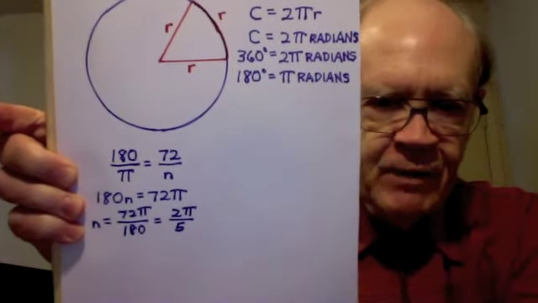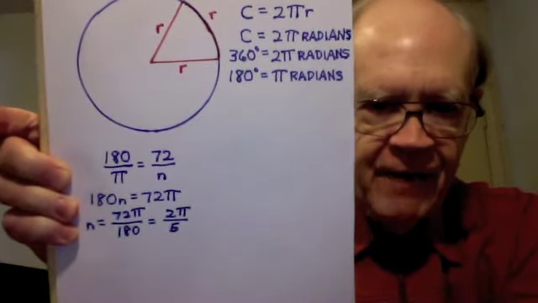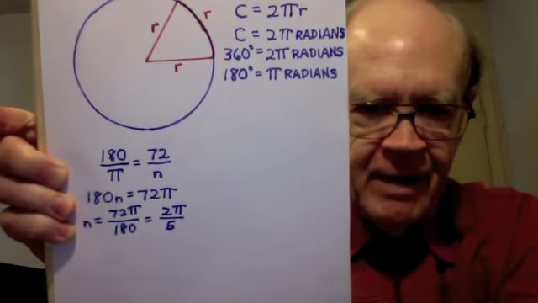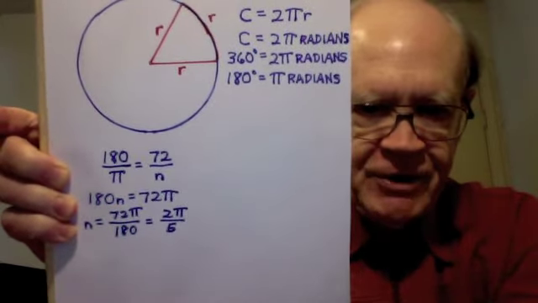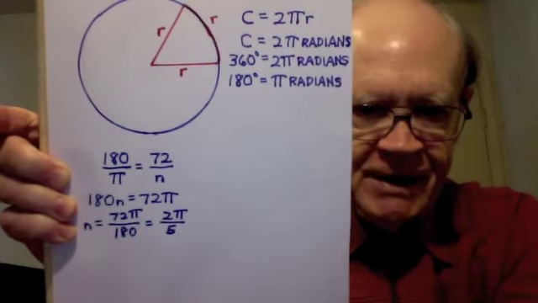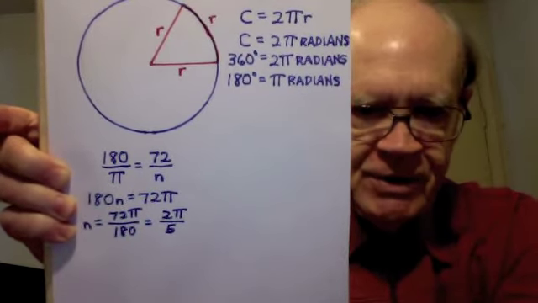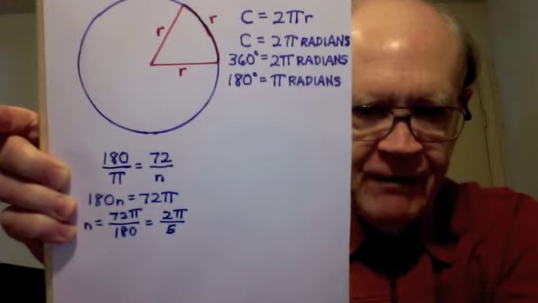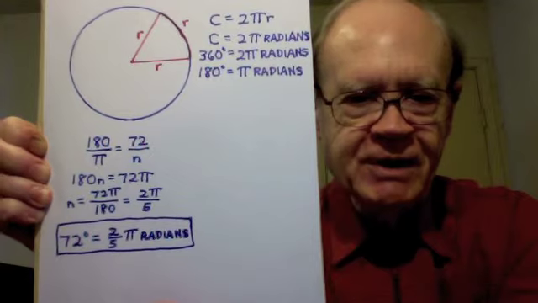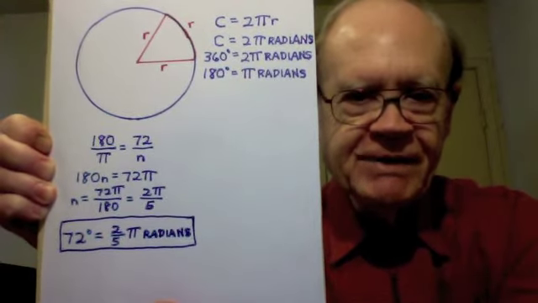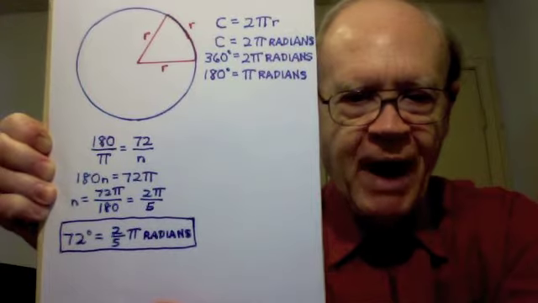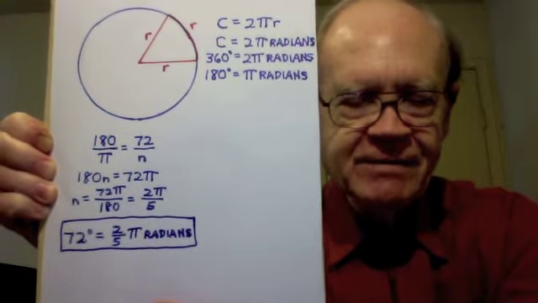Dividing both sides of the equation by 180, we have n equals 72 pi over 180. Reducing that fraction, dividing both numerator and denominator by 36, gives, in lowest terms, 2 pi over 5. And so we've answered my first follow-up question. 72 degrees is 2/5 pi radians, or 2 pi over 5 radians.